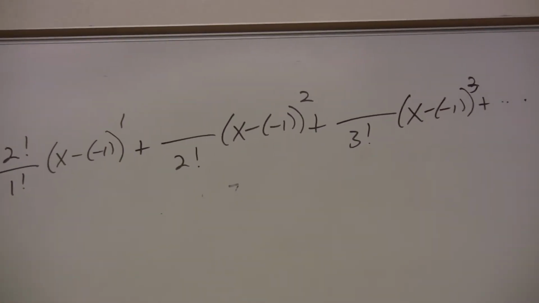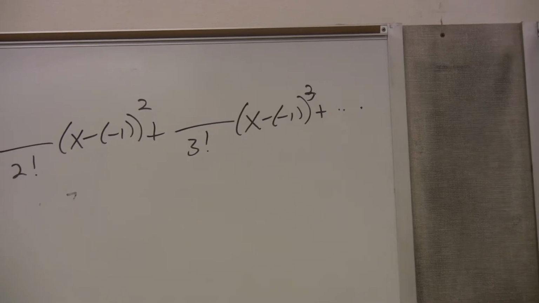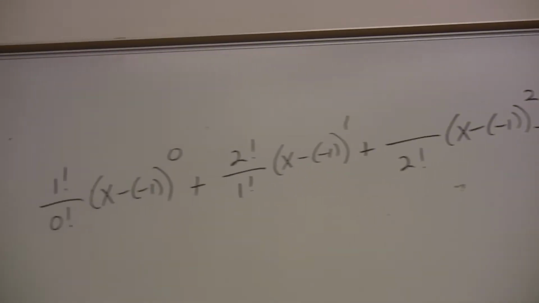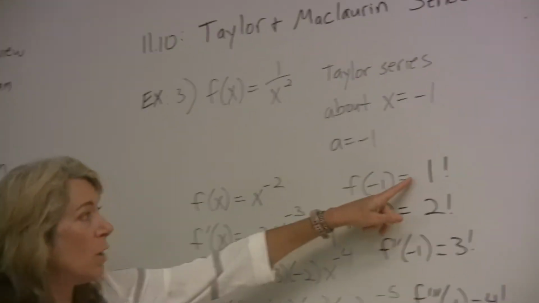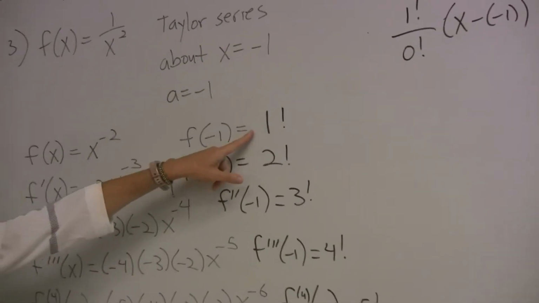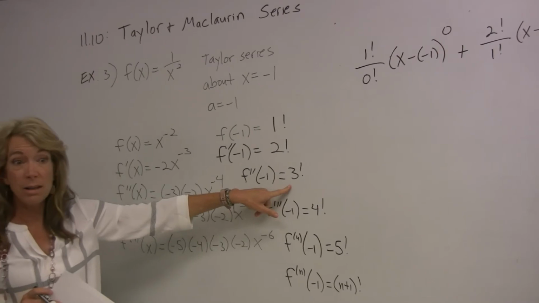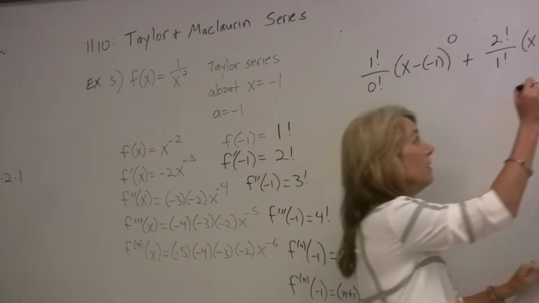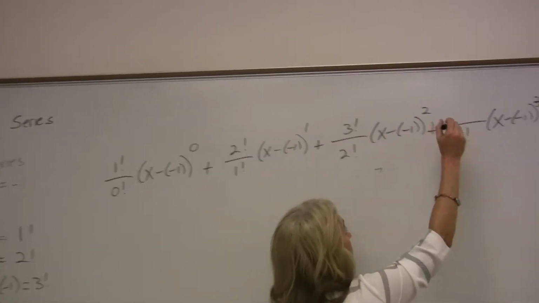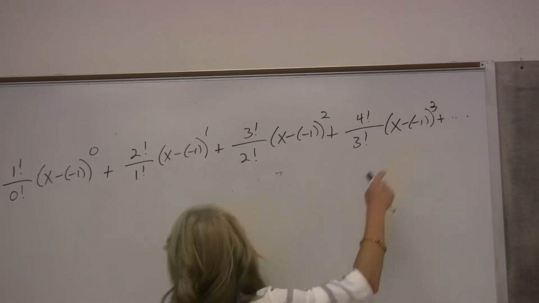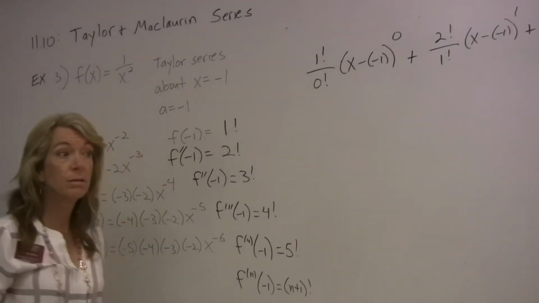And then those numerators come from these answers over here. So 1 factorial was the first numerator, 2 factorial is the second one. Guess what the next one's going to be? 3 factorial. The next one's 4 factorial. The next one would be the 5 factorial.